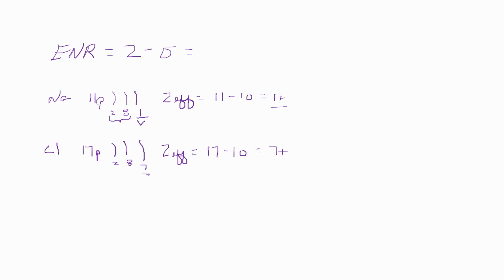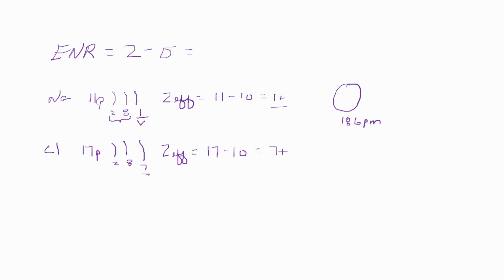Well, sodium is a fairly large atom, and we'll say it's about 186 picometers. Maybe more than that, depending on which table you're using to determine atomic radius.